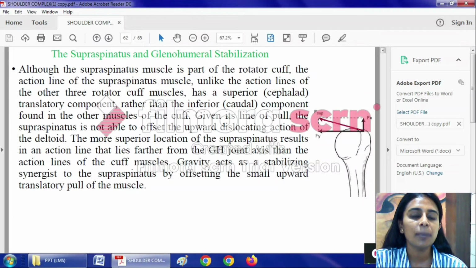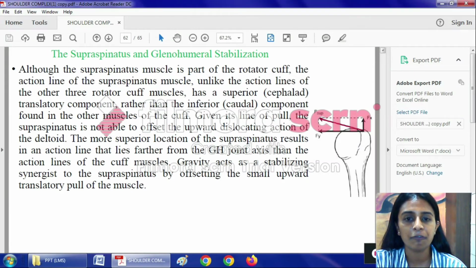Although the supraspinatus muscle is part of the rotator cuff, the action line of the supraspinatus, unlike the action line of the other three rotator cuff muscles, has a superior translatory component rather than the inferior component found in the other muscles of the cuff. Given its line of pull, the supraspinatus is not able to offset the upward dislocating action of the deltoid.